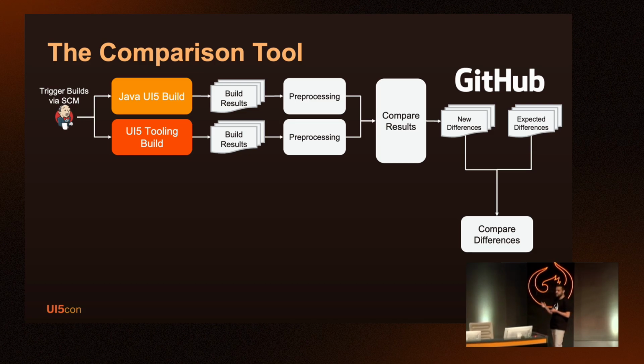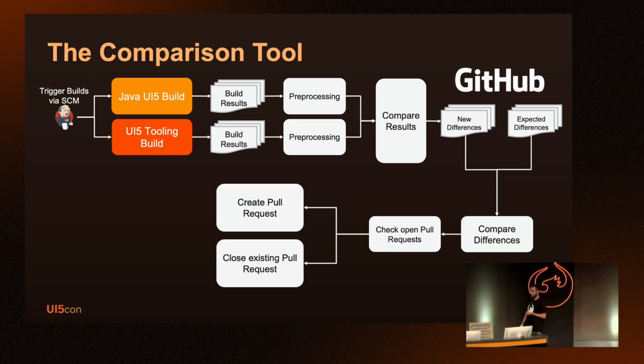That's the reason why we have an SAP internal GitHub repository where we store our expected differences in the default branch of this repository. The new differences come up every time a new change is created, and then we compare both.